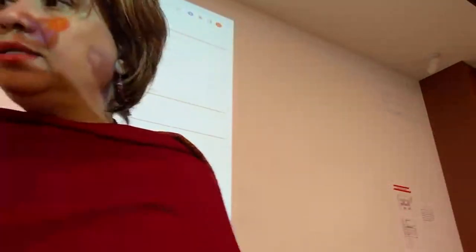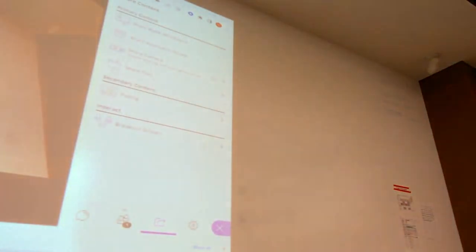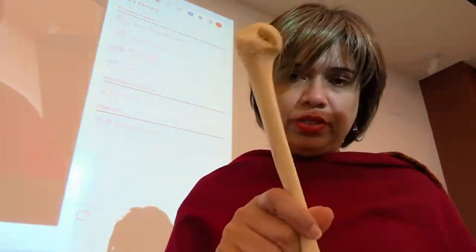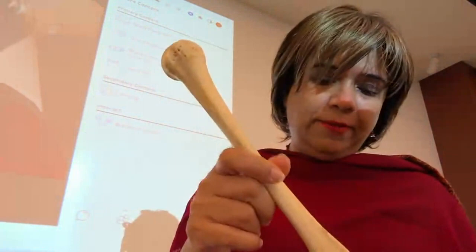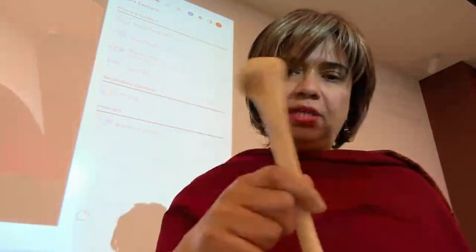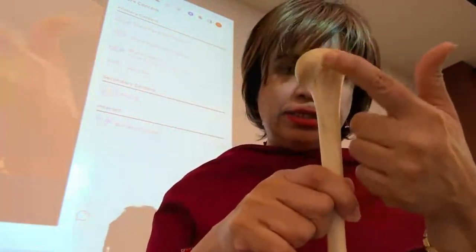Okay, the next is the humerus. Humerus is pretty easy. Head is going to be medial. This is greater trochanter. This is lesser trochanter.